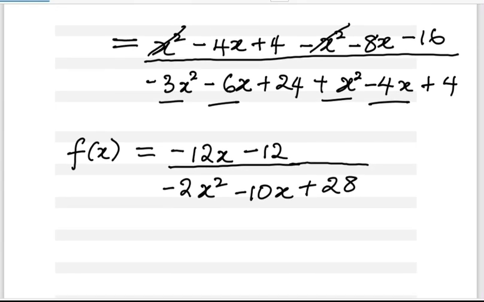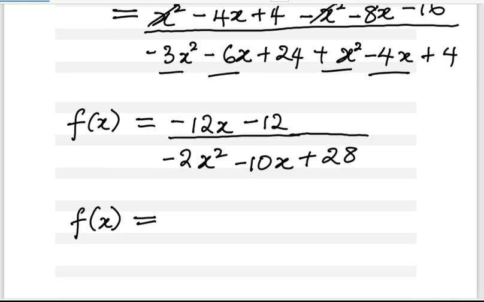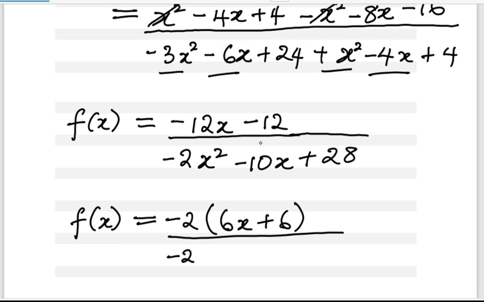If we look at this, we can factor negative 2 out from the numerator and denominator. If we do that, we're going to have negative 2 into 6x plus 6, all over negative 2 into x squared plus 5x minus 14, and this will cancel this.